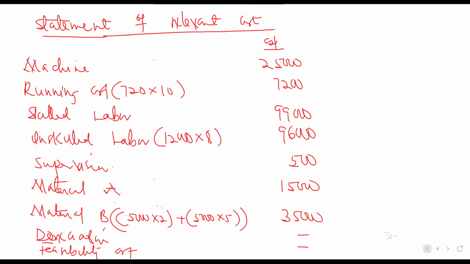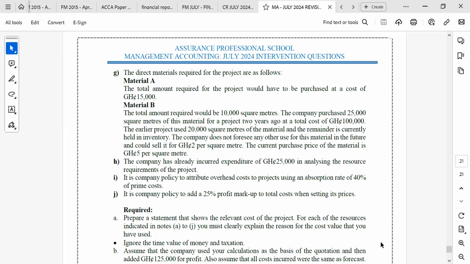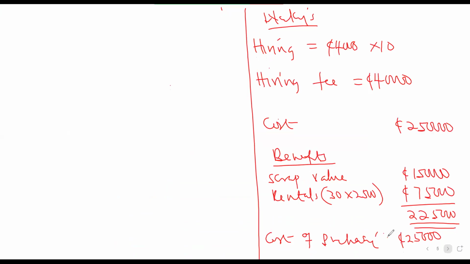Let's come to the company policy, which is to attribute overhead cost to the project using an absorption rate of 40% of prime cost. This is a cost that will just be shared. Absorbed costs are not relevant. It can be a depreciation that we are going to be sharing, or an administrative cost that they are going to be using a basis to apportion.